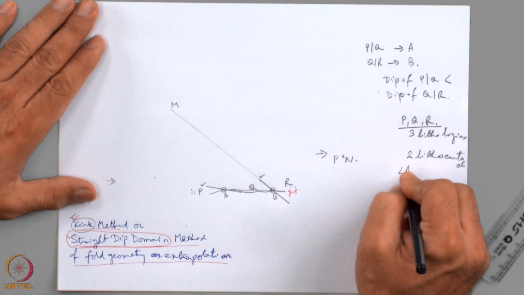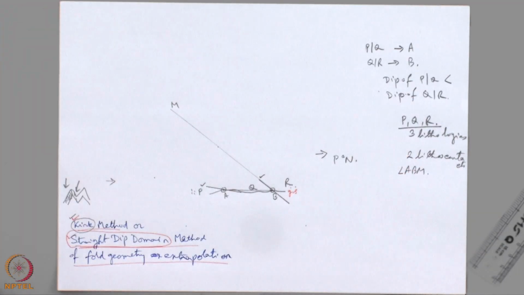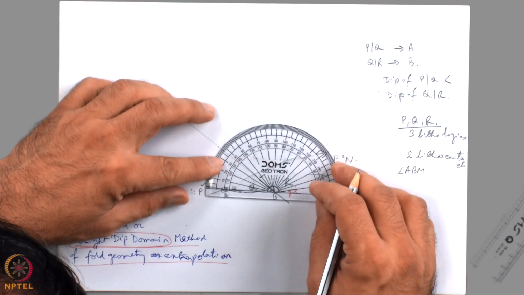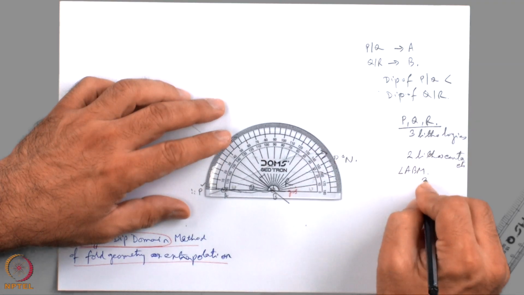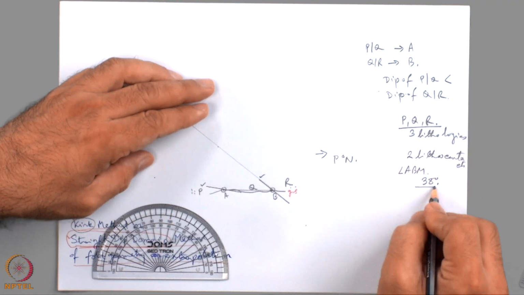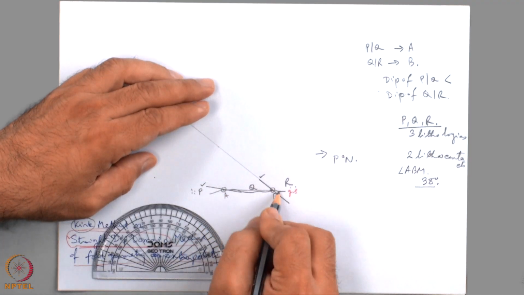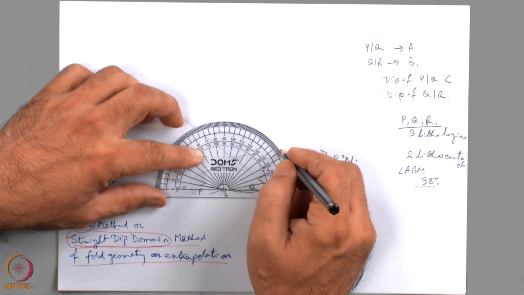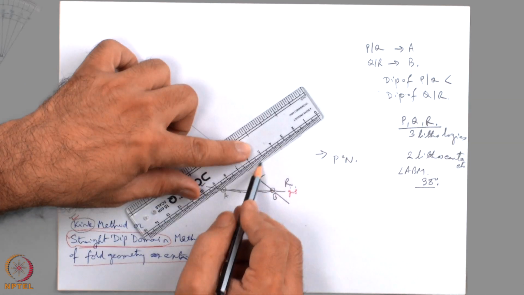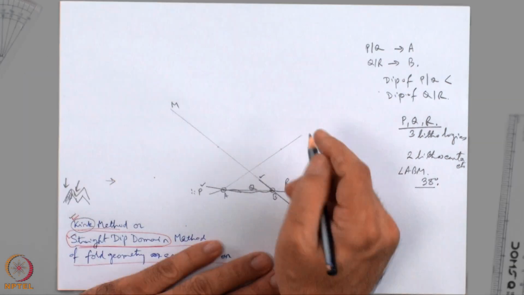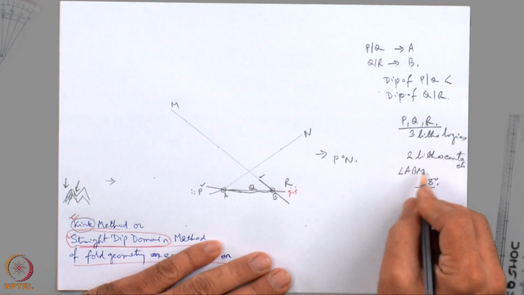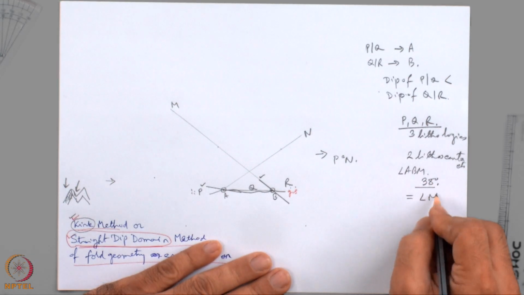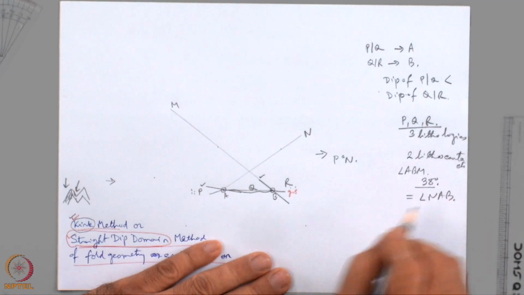Find out the angle ABM. With the angle measurer, I find the angle to be 38 degrees. Draw the same angle on the AB line from point A. So, angle ABM equal to 38 degrees is equal to angle NAB.